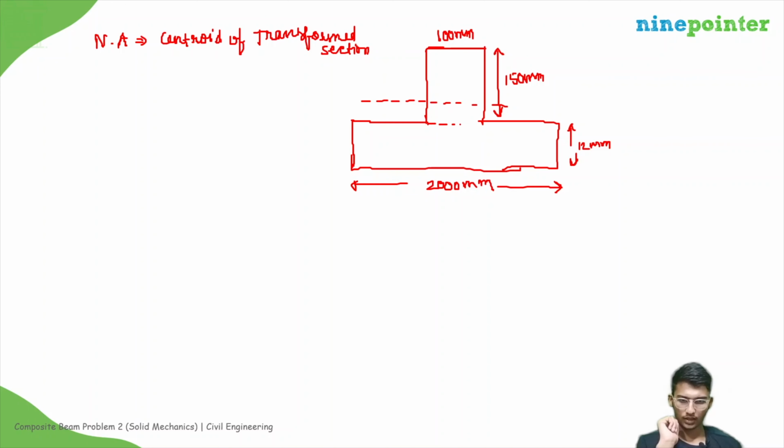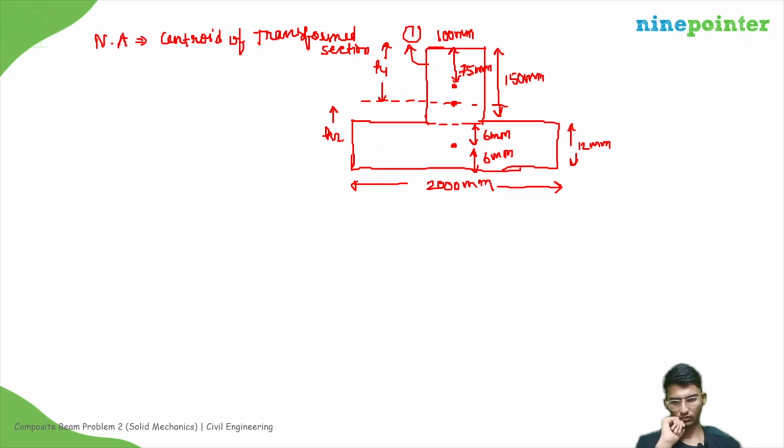For this material 1 part, the centroid will be over here, so this distance will be 75 mm. And for this part, the centroid will be over here, and this distance will be 6 mm. The overall centroid will be somewhere here. We need to find that value. So we take this as H1 and this as H2.